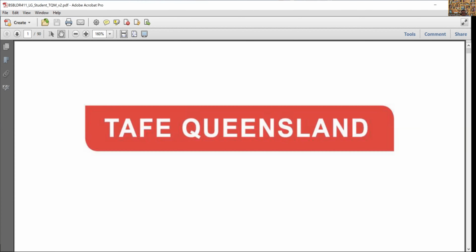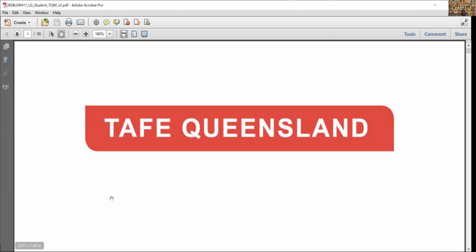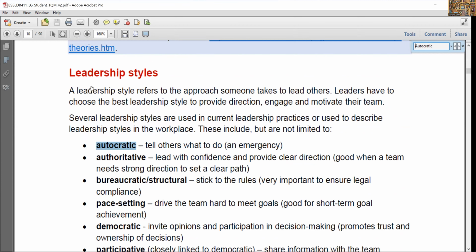You copy that word, autocratic. Go to the learner's guide. You can go to the edit menu and find, or do Control F. It will pop up a window on the top. Type that word, hit enter. It will pick up all the words with autocratic. And then you can decide.